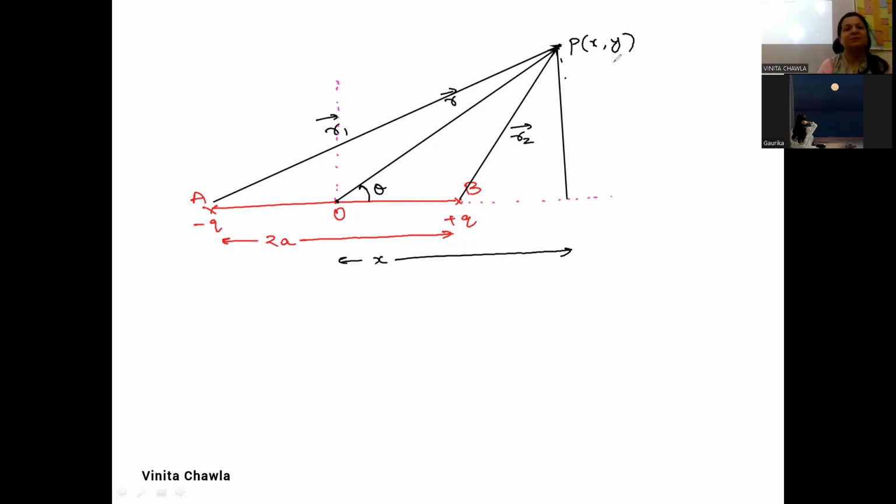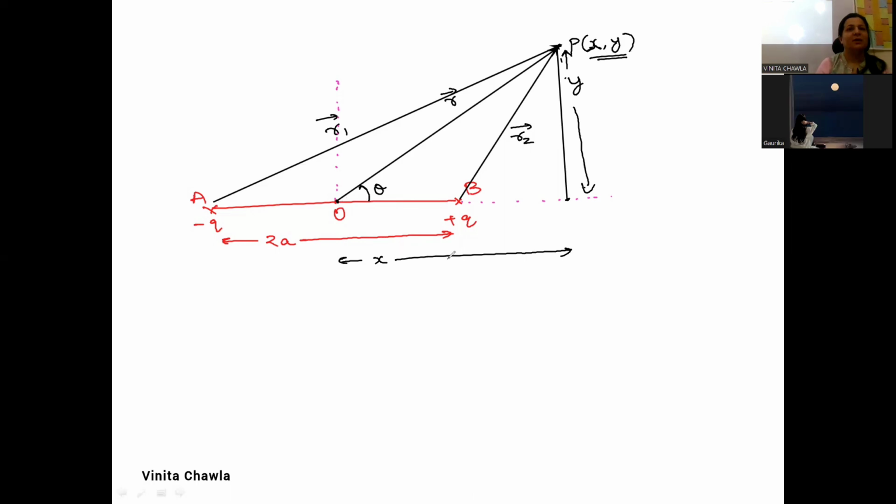From the origin, because the abscissa is x. Abscissa is x, meaning the horizontal distance is x. From the origin, this point is x distance away. And similarly, the ordinate is y, the vertical distance is y. So horizontal and vertical distances we can write according to the coordinates of this point.